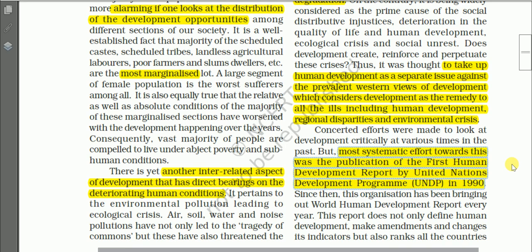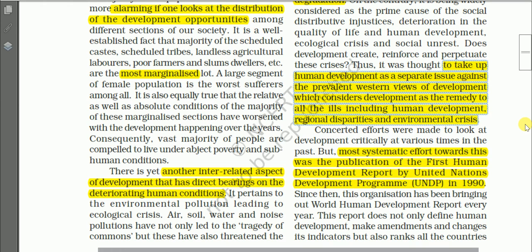In that you'll find that Western or Eurocentric theories of development are not the way to measure human development. Once we thought that this Western-centric, Eurocentric view of development was a good one, a remedy.